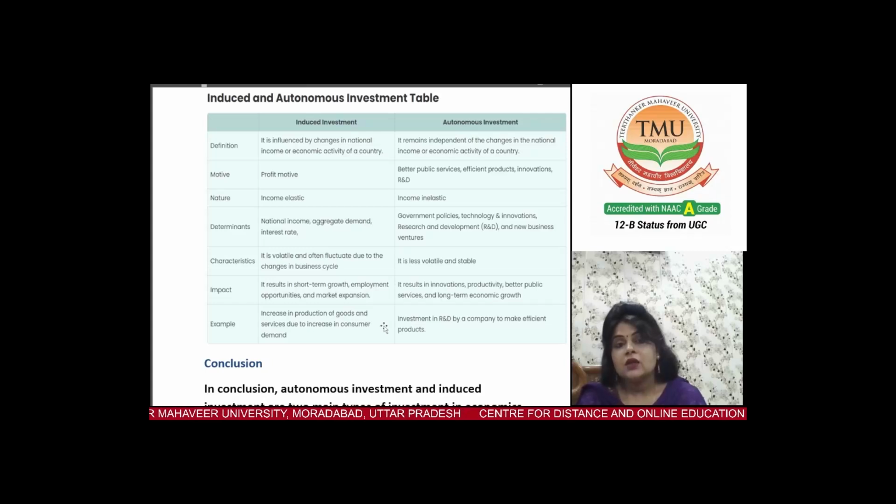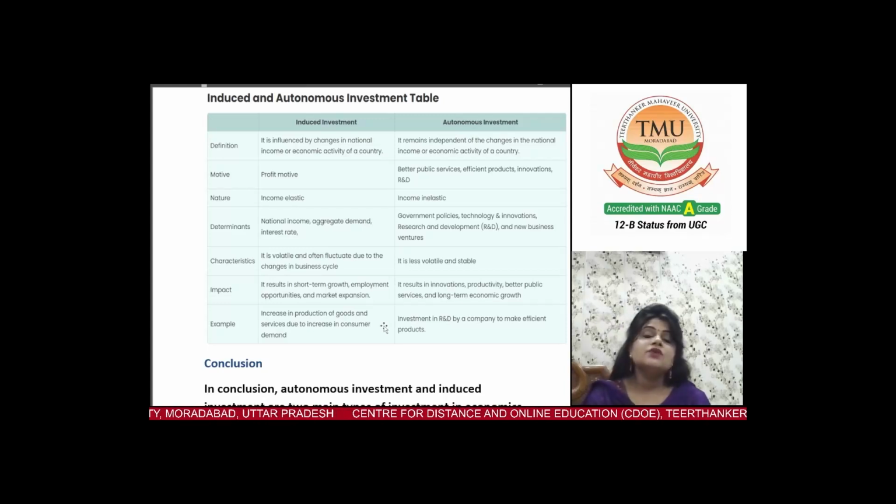The impact of induced investment would result in short-term growth, employment opportunities, and market expansion. Autonomous investment results in innovations, productivity, better public services, and long-term economic growth.